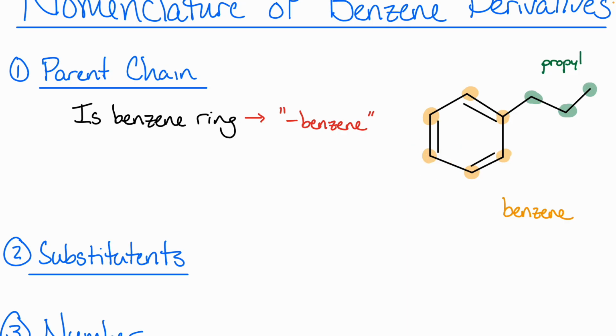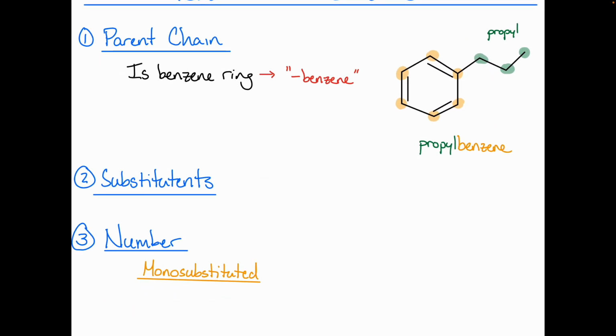No matter where you put that propyl group, it's always going to be on carbon 1. So just like we saw with our cyclic alkanes, for our mono-substituted benzene rings, we don't include the locant in the name. It's always just going to be carbon 1. So this thing right here would simply be propyl benzene. For mono-substituted benzenes, we do not include the locant in the name.